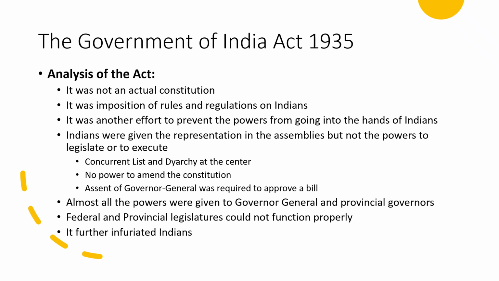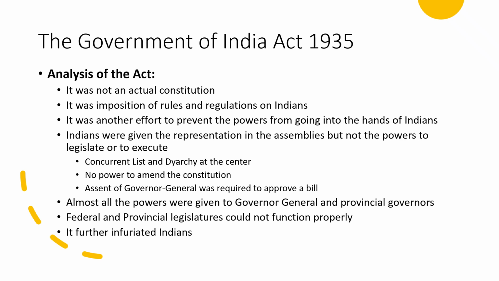Then Indian assembly members were not given any power to amend the constitution. It was the Governor General only who could amend the constitution. So it shows that yes, Indians were given representation in the assemblies, but not the powers in the assemblies. Almost all the powers were given to the Governor General and provincial governors.